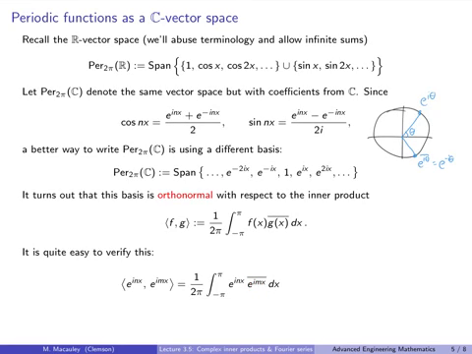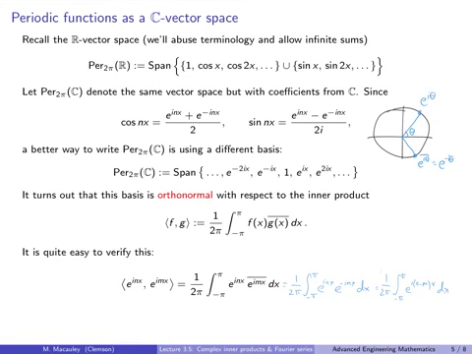So this integral is 1 over 2 pi times the integral from negative pi to pi of e to the inx e to the negative imx dx. And I'm going to write this as 1 over 2 pi times the integral from negative pi to pi of e to the I n minus m x dx.